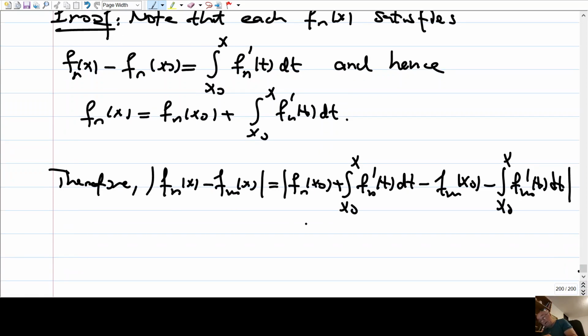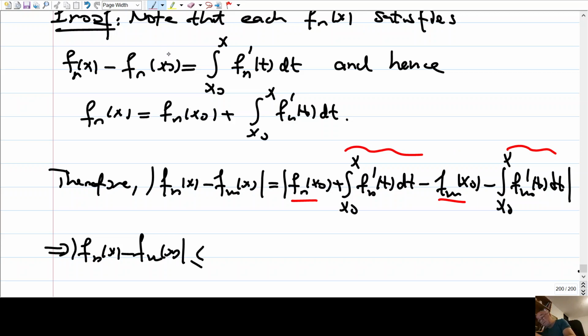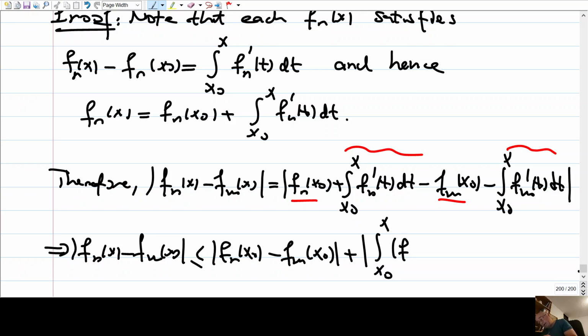All right, and this can be written as, okay, I group these two terms and these two. So we have Fn of x0 minus Fm of x0 plus the integral from x0 to x of Fn prime t minus Fm prime t dt.